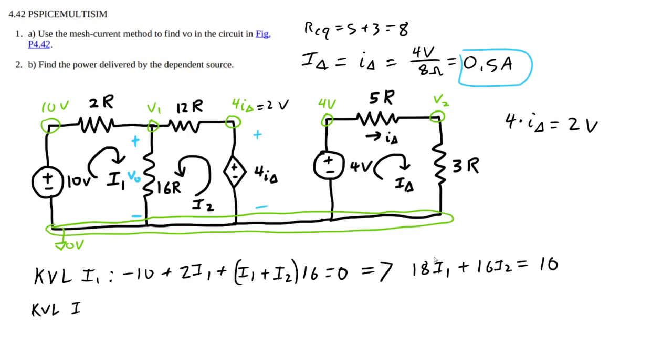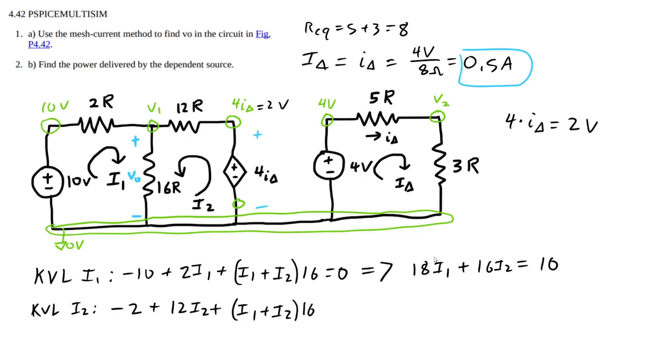Do KVL for I2. I'm going to start from this bottom right corner. Doesn't matter where you start, but I prefer to start from the lowest potential. Anyway, so minus 2 volts, so 2 volts increase, and then there's I2, or 12 I2 voltage drop, and then once again I1 and I2 are working together here.